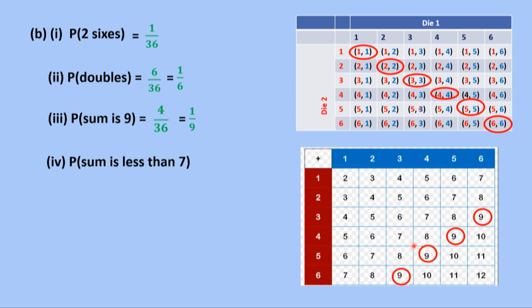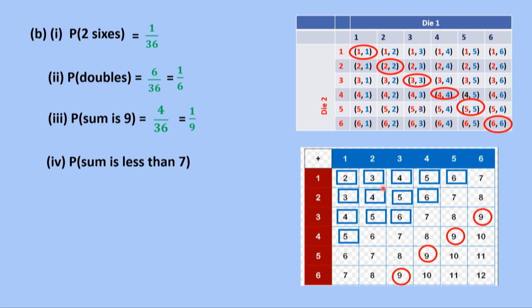Let us count how many times we get these numbers here. 1, 2, 3, 4, 5, 6, 7, 8, 9, 10, 11, 12, 13, 14, and 15. So the probability will be 15 over 36. That is 5 over 12.